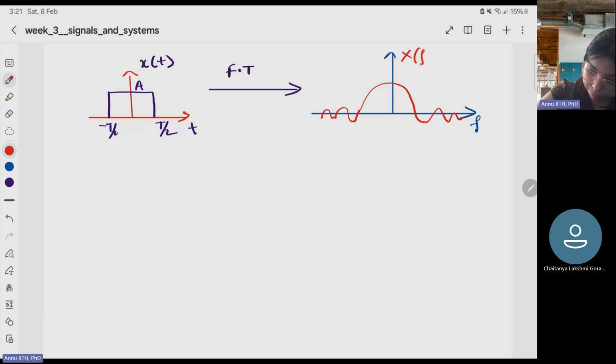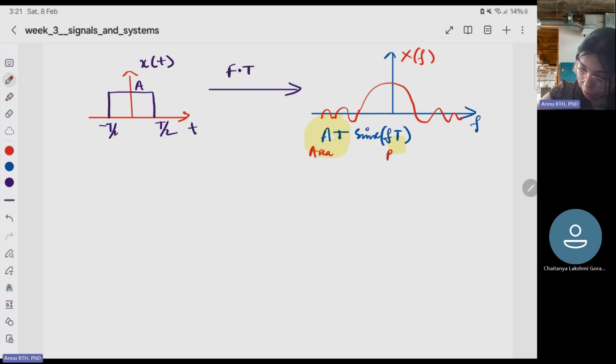This is x(t). So what will be the Fourier transform of this? The answer is A tau sinc(f tau). Tau here is T. So what does this mean, and what is this? Sorry, this is area.